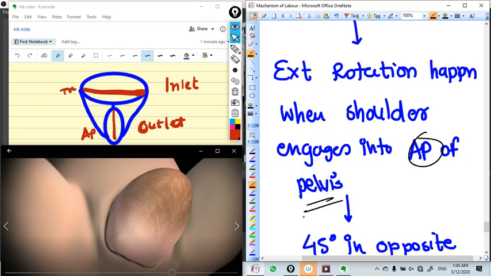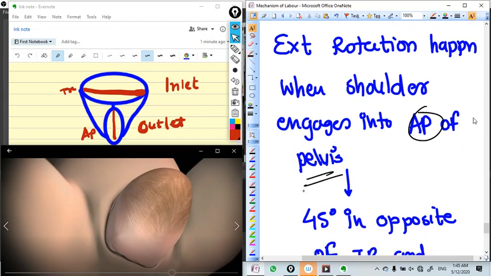Now the head is again going opposite to the internal rotation, but the head is already external to the vulva. That's why we call it external rotation. The head rotates externally against the internal rotation by 45. So internal rotation is 90 degrees, and restitution and external rotation are 45. Both are opposite to the internal rotation.